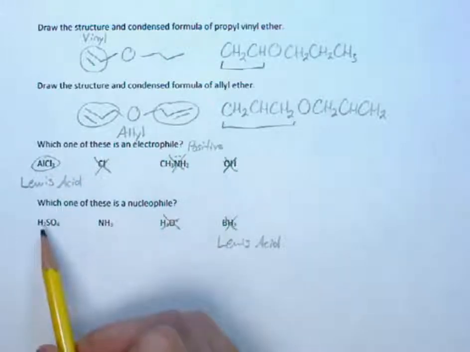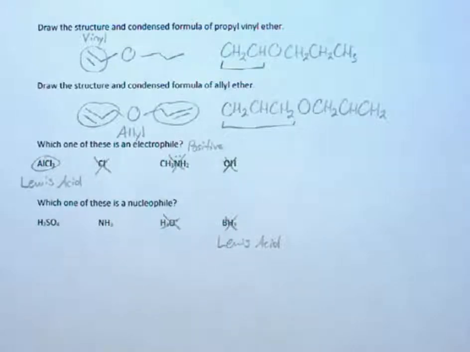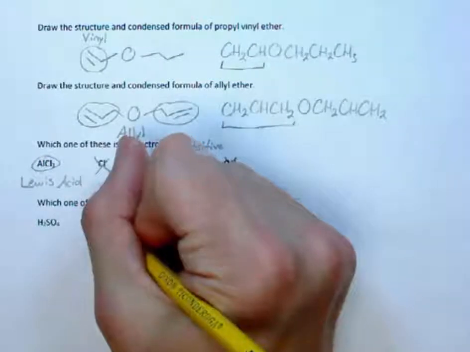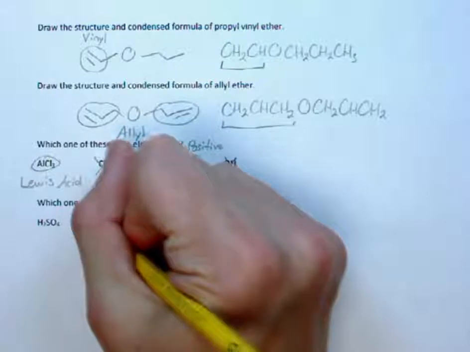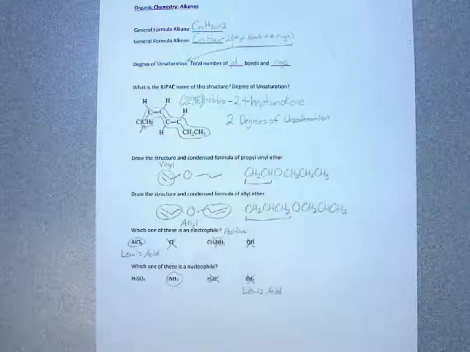We have H2SO4 and NH3. And so the correct answer is going to be NH3, because again, we have a lone pair here, and H2SO4 is a common strong acid, which will not behave as a nucleophile. That concludes the video on alkenes.